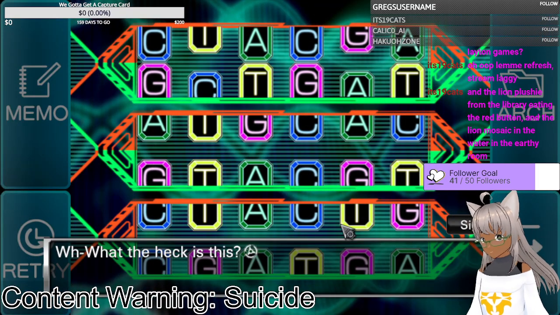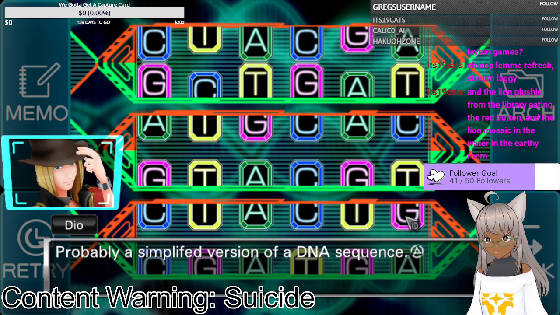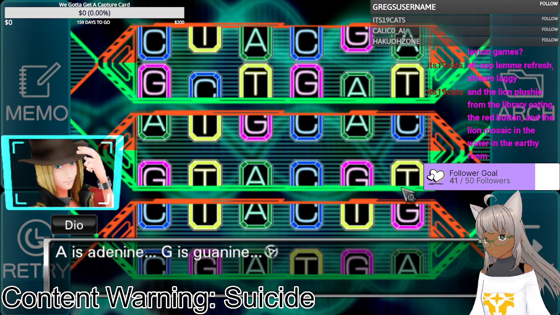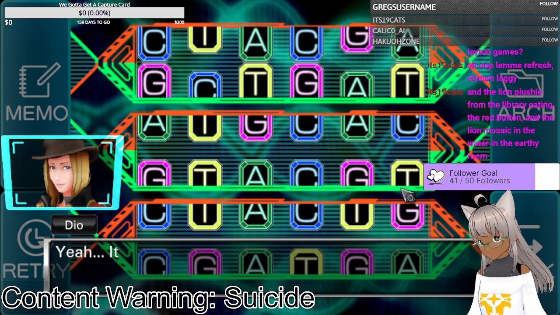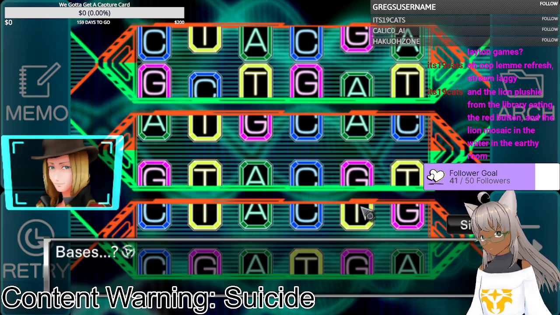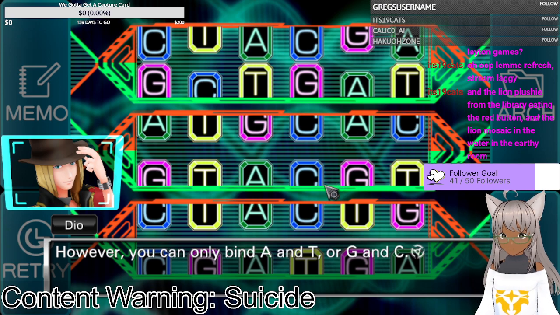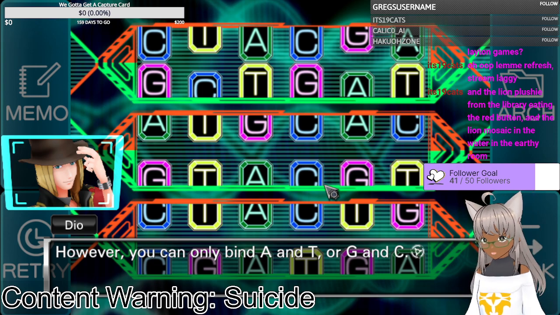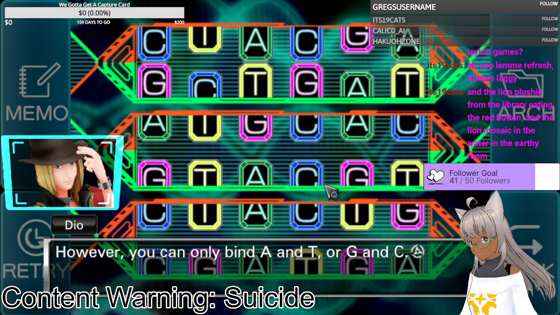G-Cat. Like in Homestuck? Wait a minute. Wait a minute. I said like in Homestuck as a joke, but maybe they do want us to think of cats here.